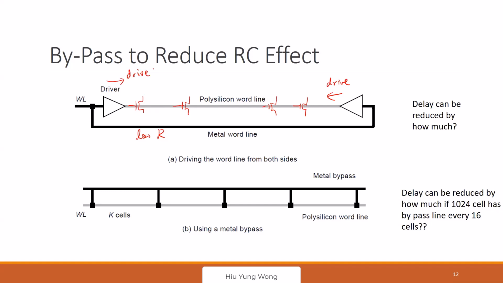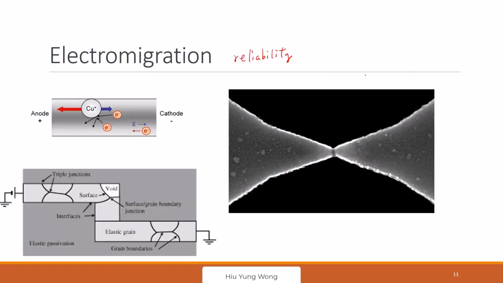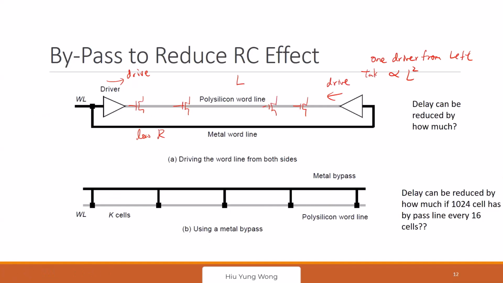Is that useful? You might say, hey, originally, if I only have one driver and this is length L, if I only have one driver from the left, it takes time proportional to L squared to reach the right.